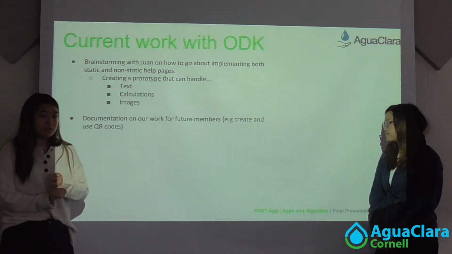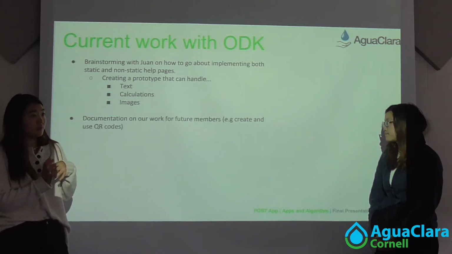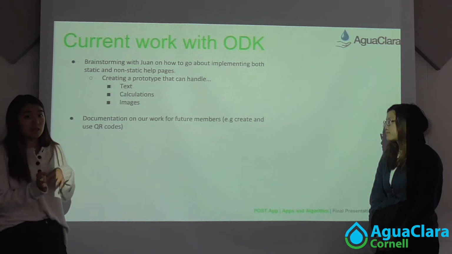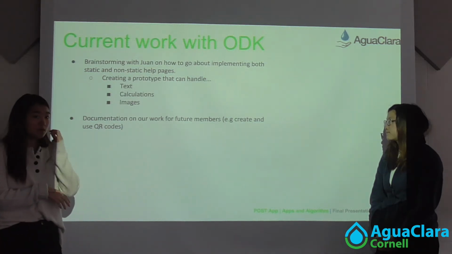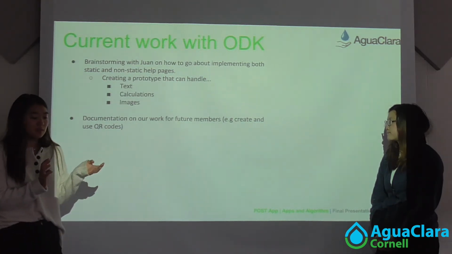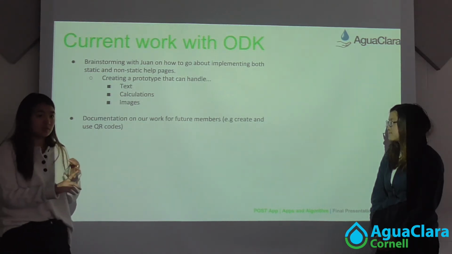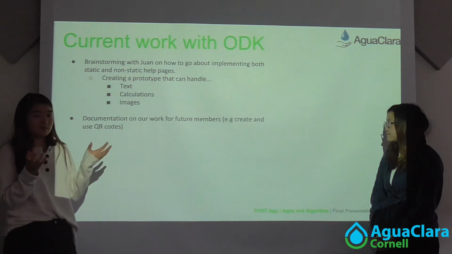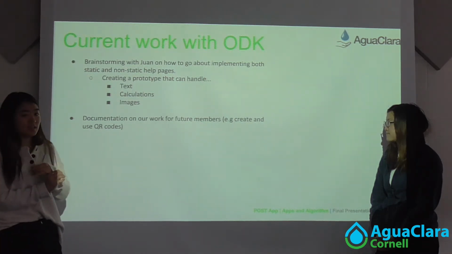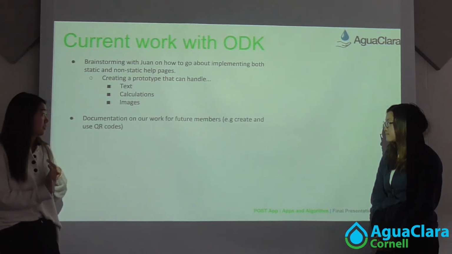Currently we're brainstorming with Juan on how to go about implementing these static and non-static pages. And what we mean by that is we're hoping that we can create a prototype that handles 3 different types of data, I guess. It can handle regular text, it can handle calculations.